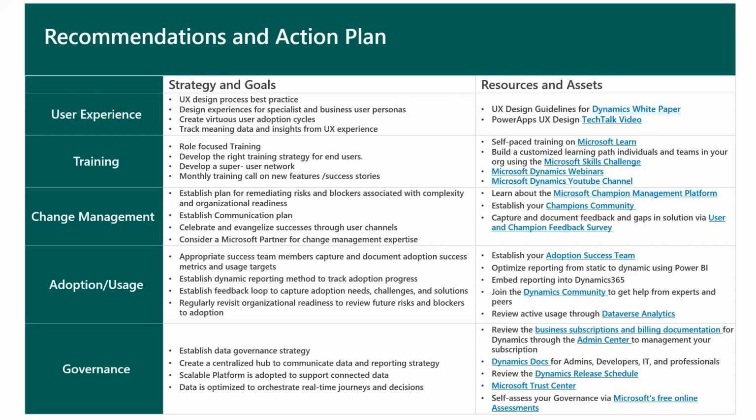To help you get started with an action plan, we are supplying a reference slide here. We've collected Microsoft's best practice recommendations on strategy, approach, and self-serve resources. Your goal here should be to review this and identify key assets you can immediately take advantage of as part of your action plan.